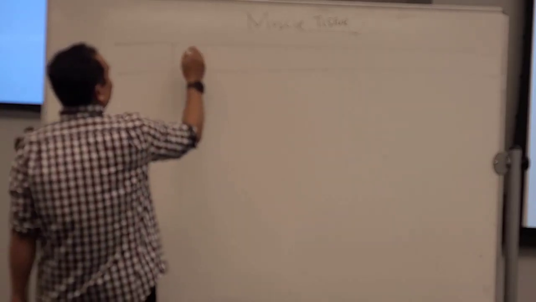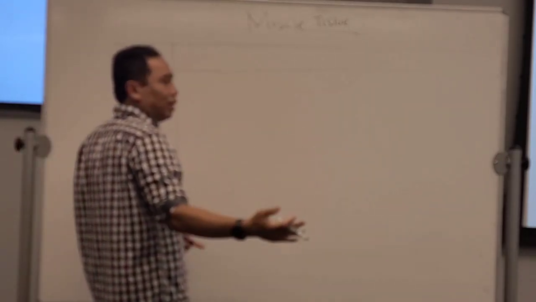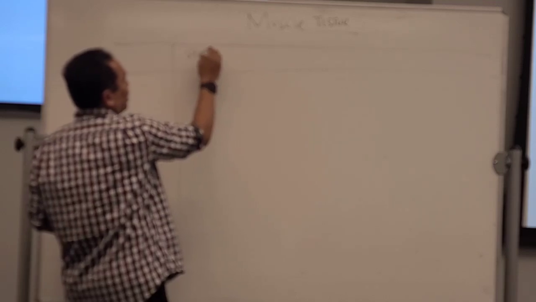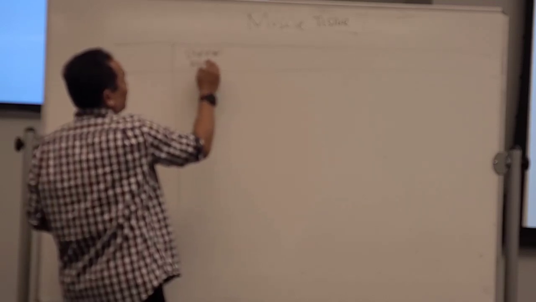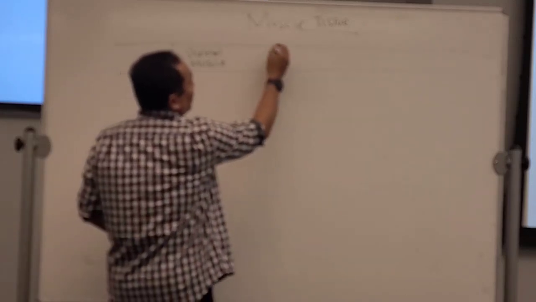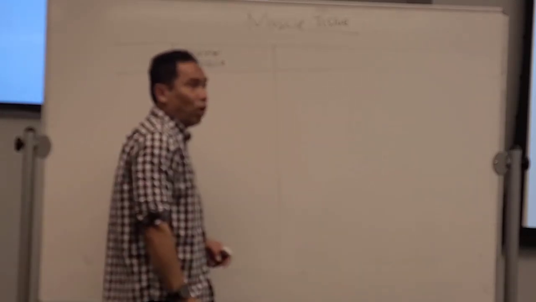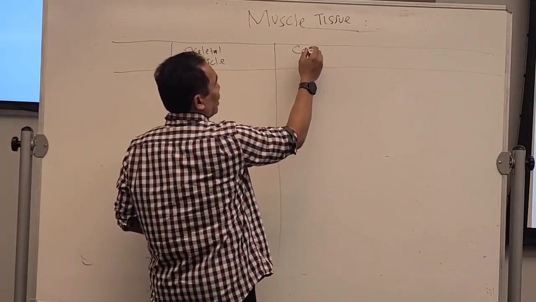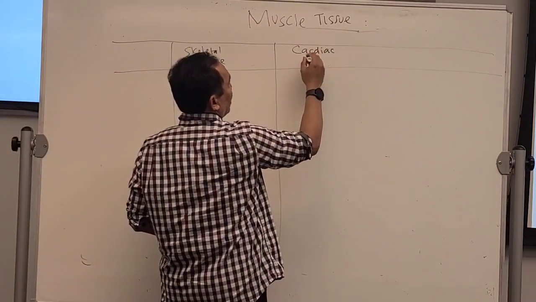The first one is the muscle that attaches to your bone. What do you call that? Skeletal muscle. That's the first type. The second one is the one on the wall of the heart. What do you call that? Cardiac muscle.